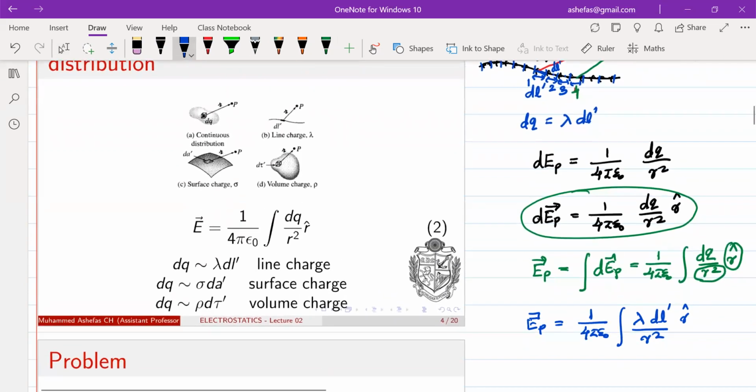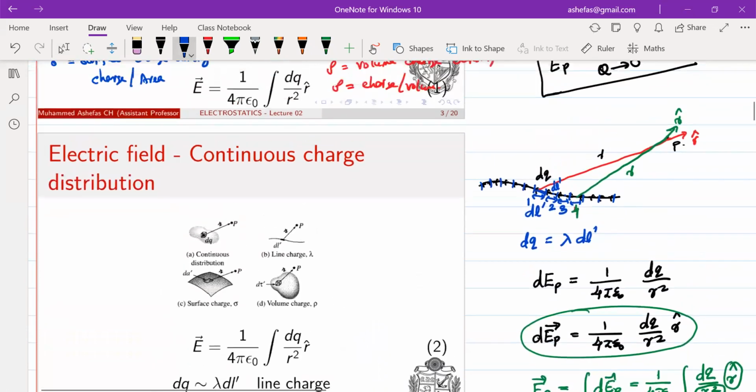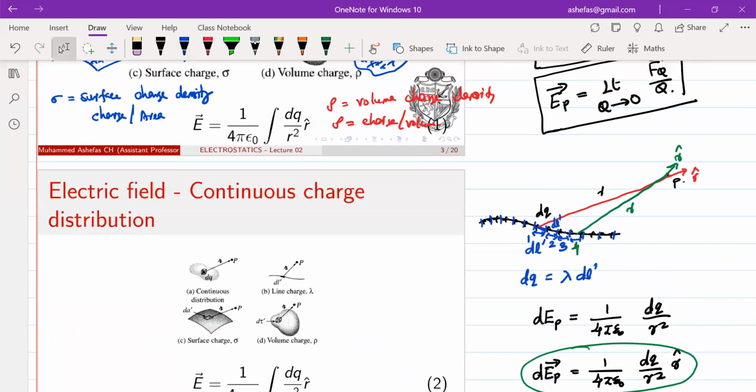Now, according to our convention, usually we represent the position vector of the source by the primed symbol, and the position vector of the field point by the unprimed symbol.